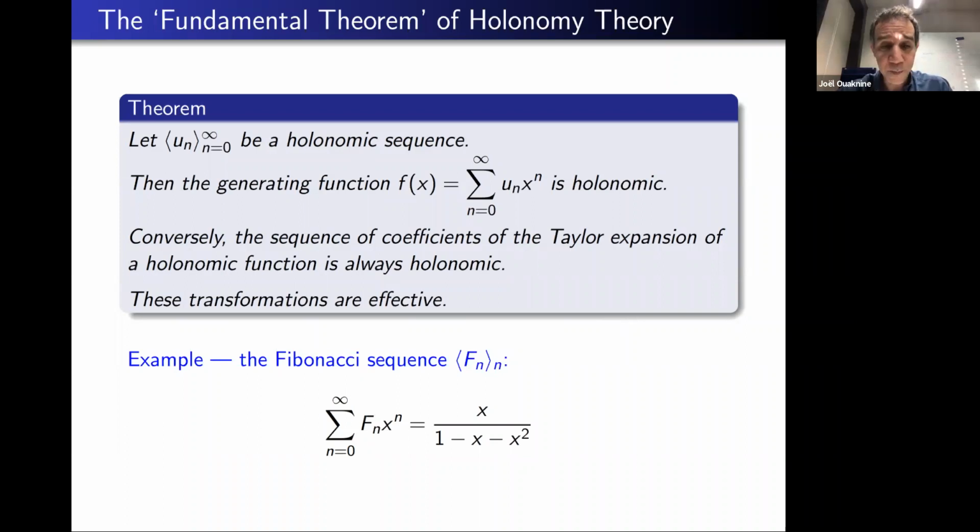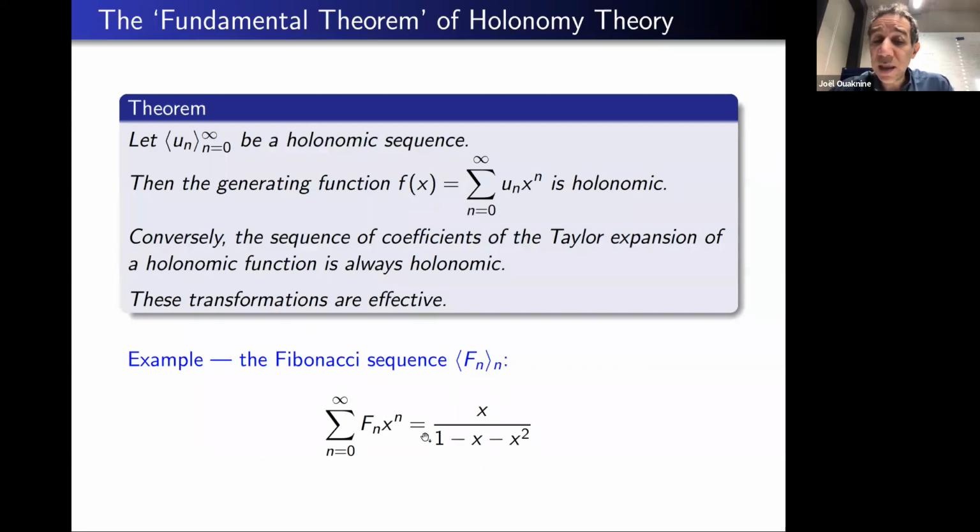And just as an example, if you take the classical Fibonacci sequence, 0, 1, 1, 2, 3, etc., and you form the generating function, the function you get, it's always going to be a rational function if you start with a C-finite sequence like Fibonacci, is given by x over 1 minus x minus x squared.